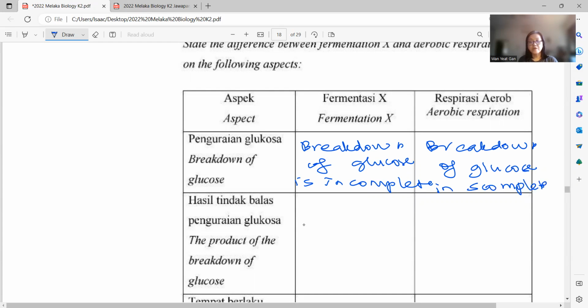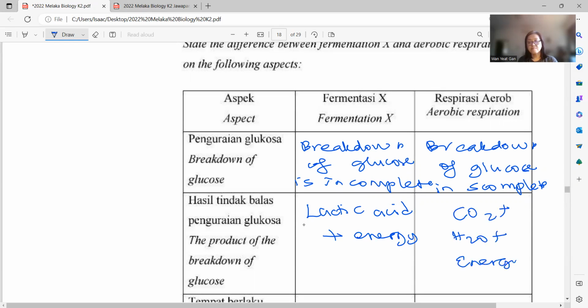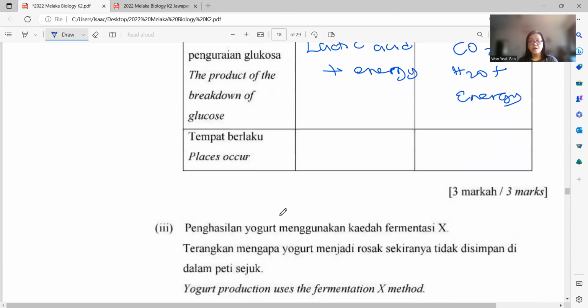Okay, the product of the breakdown of glucose, this one is lactic acid and energy. This one is CO2 plus water plus energy. Where does it occur? Okay, this one occurs in cytoplasm. And this one occurs in cytoplasm and then mitochondria.